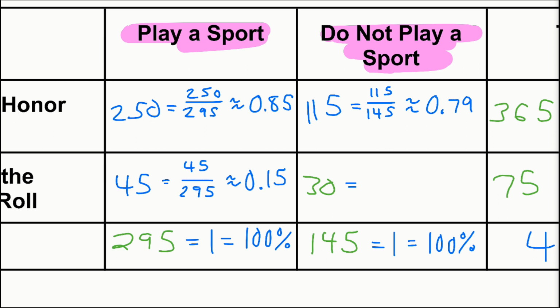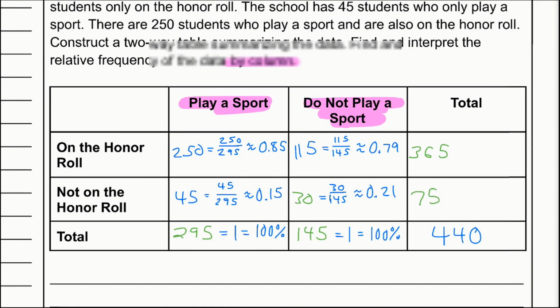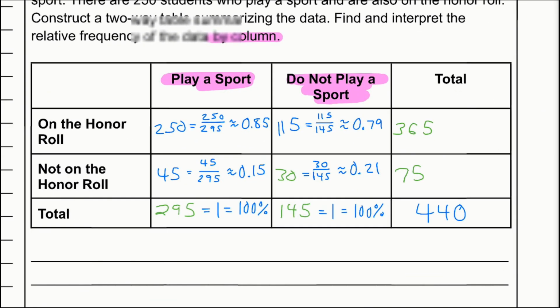And then this guy is 30 out of 145. 0.21. Perfect. The math is mathing today. Cool. All right. And there's a lot of different interpretations that you could have on this.